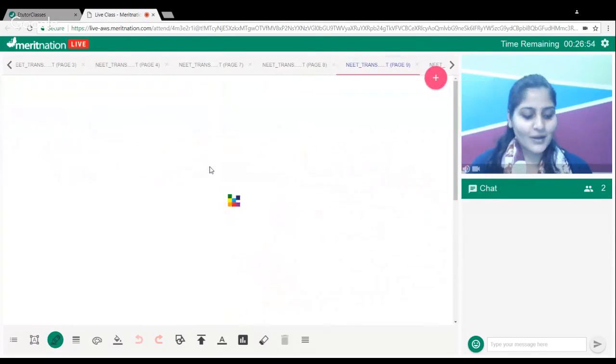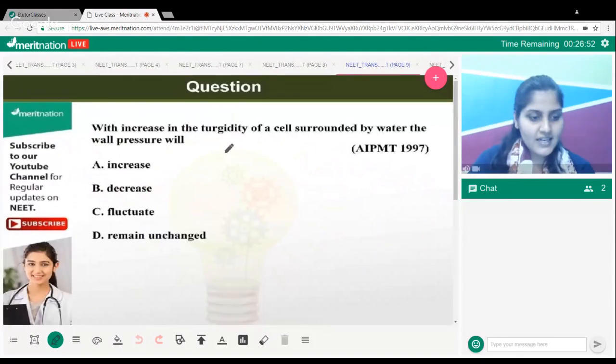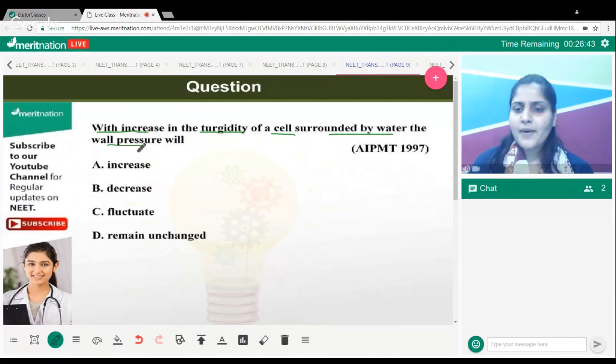Next question, everyone. Your time starts now. It says that with the increase in turgidity of a cell surrounded by water, the wall pressure will... If the cell is becoming more turgid, then the wall pressure will increase, decrease, fluctuate, or remain unchanged. What's going to happen, right?